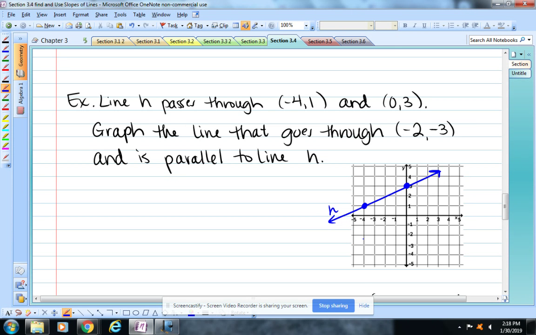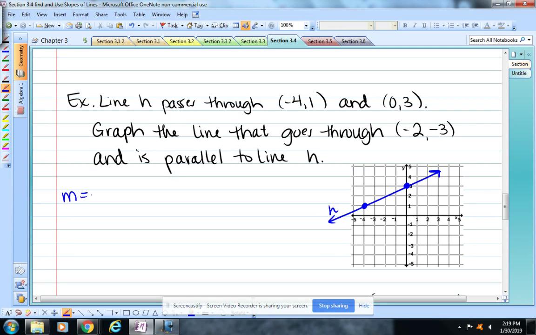All right, so if I want to graph a line that's parallel to this one, I need it to have the what? Same slope. So I need to do rise over run to get this slope. Okay? So you're going to see how many times you go up or down and to the right. Is this one going up or down from left to right?